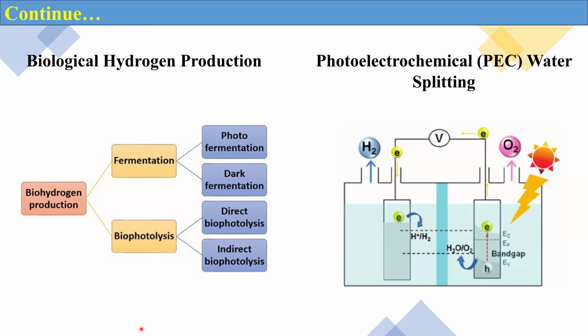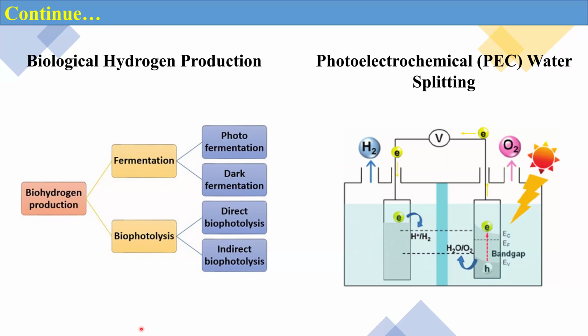The excited electrons are then used to catalyze the water splitting reaction at the photoanode, where the water molecules are oxidized to produce hydrogen and oxygen, and some purification is required.